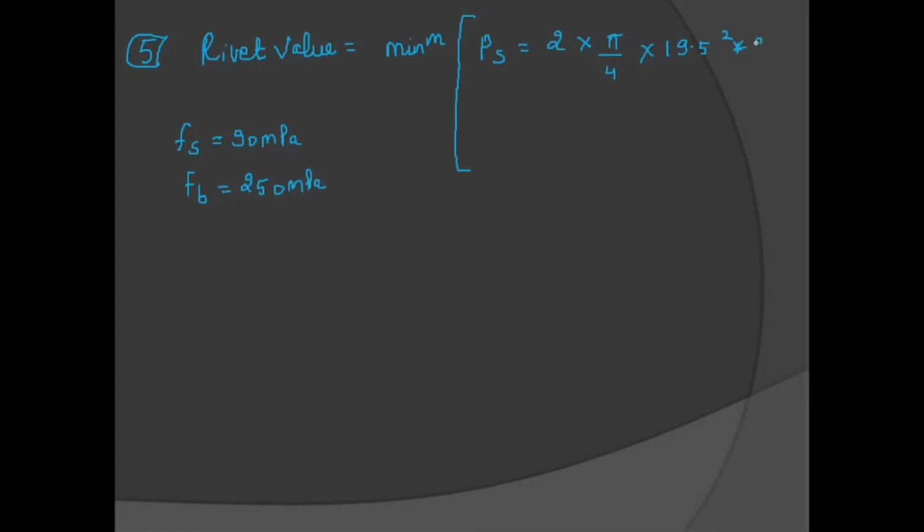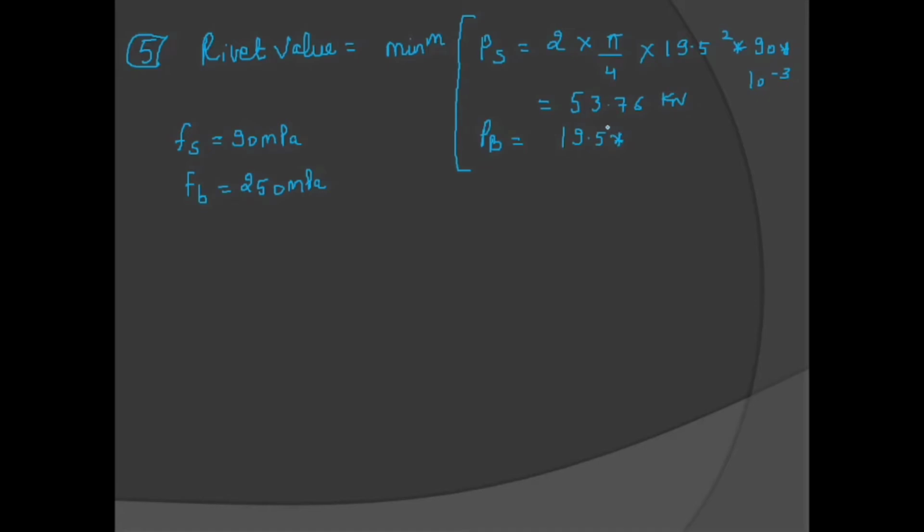So 90 into 10 to the power minus 3. PS is equal to whatever the value is, that is 53.76 kilonewton.